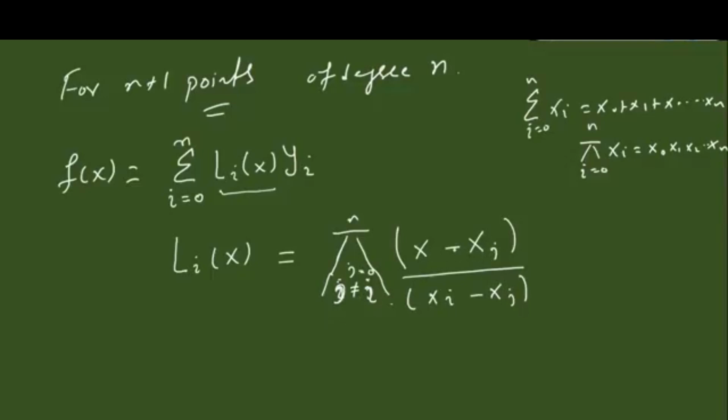So you can start multiplying the terms, but whatever the value of i is here, you cannot use that value. Okay, so this is how we define the basis in general.